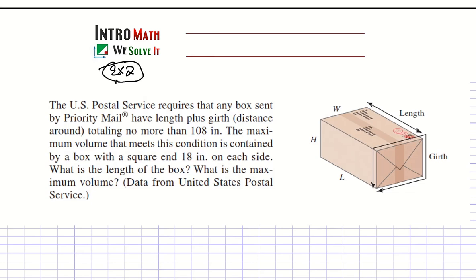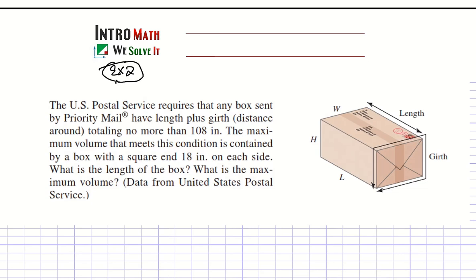Here is example number 2. You gotta be careful. You read this very carefully. It says the U.S. Postal Service requires that any box sent by priority mail have length plus girth, that's distance around, totaling no more than 108 inches.